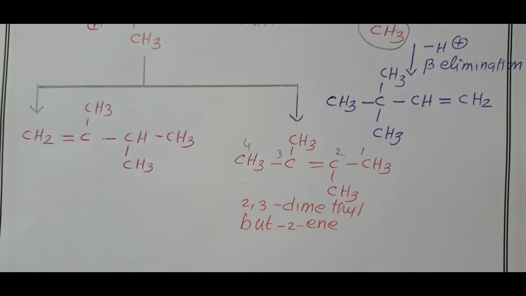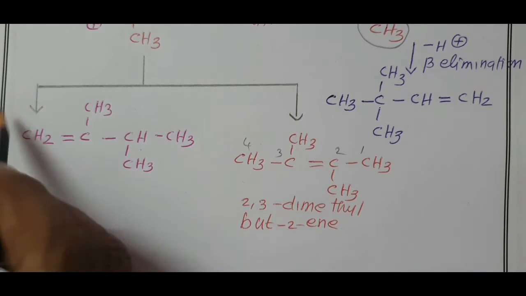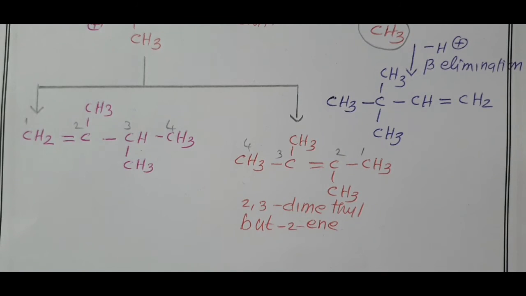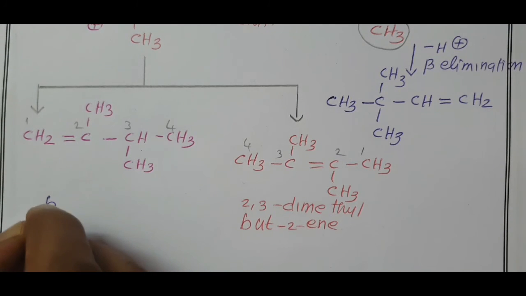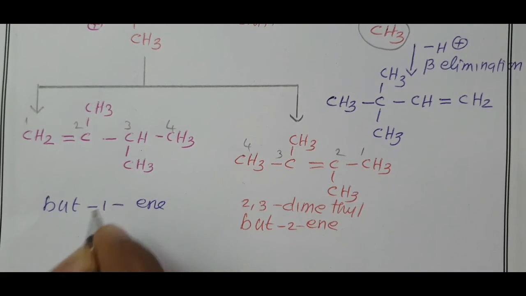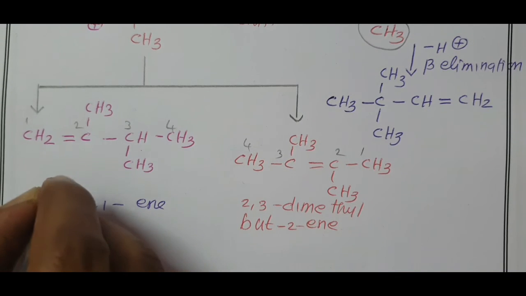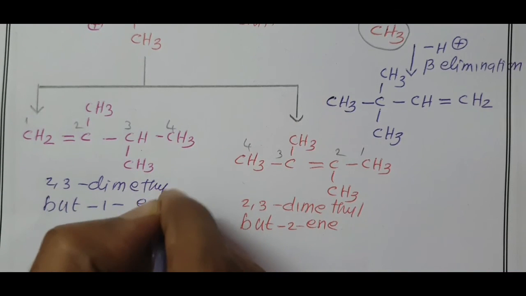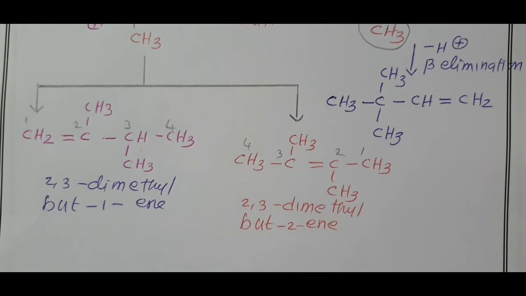Then what is the name of this compound? 1, 2, 3, 4, a 4-carbon butane, double bond in position 1, second and third carbon containing 2 methyl groups: 2,3-dimethylbut-1-ene.